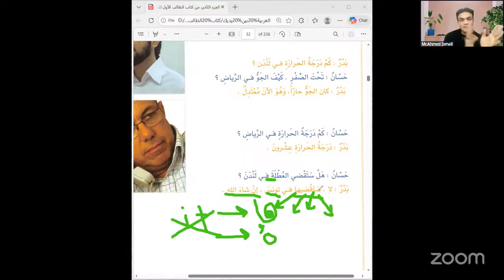So I will eat it, سآكلها. I will drink it, سأشربها, and so on. And of course I can say سأقضيها or سأقضيه. This depends on whether the thing I'm referring to is مذكر or مؤنث. I hope this is clear. If you have any question before we go to the next one, you can ask me, of course.